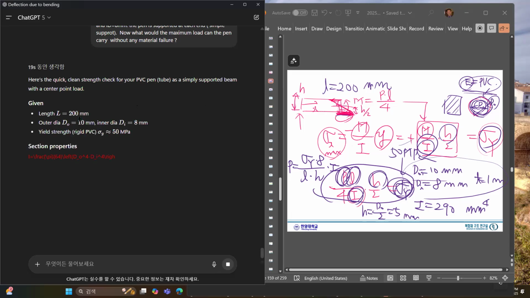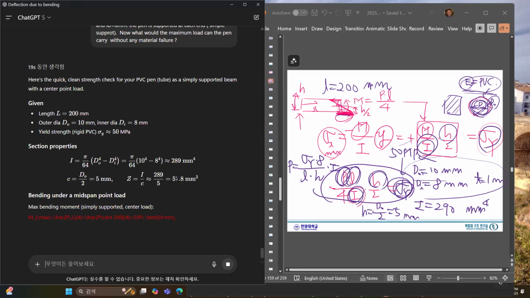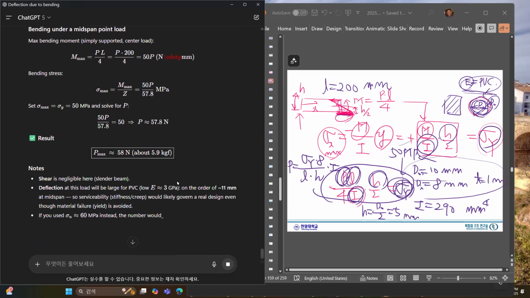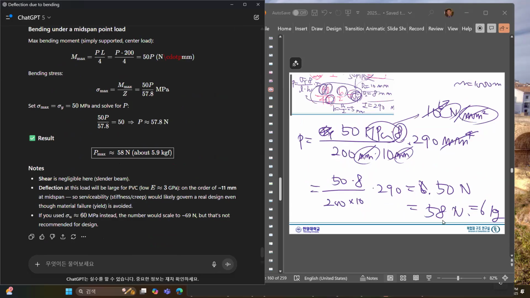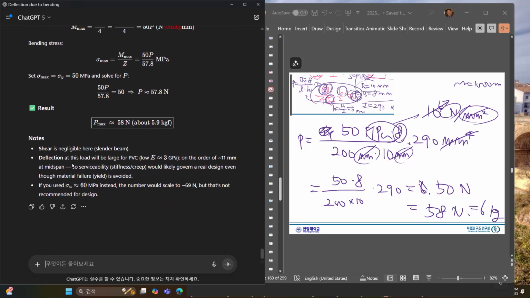You gave us all the information, so we went through it, and it says 58 Newton, exactly the same as we got, 58 Newton, about 5.9 kiloforce. The shear is negligible, which we also neglected, and the deflection at this point.